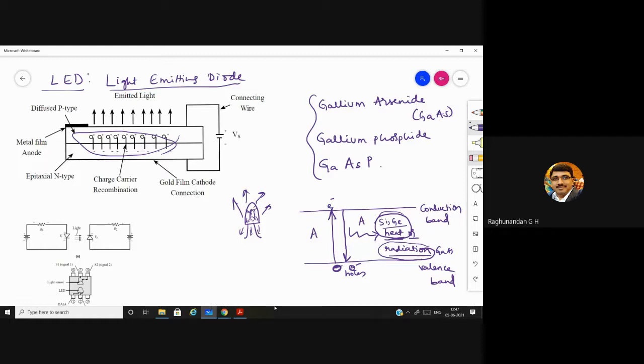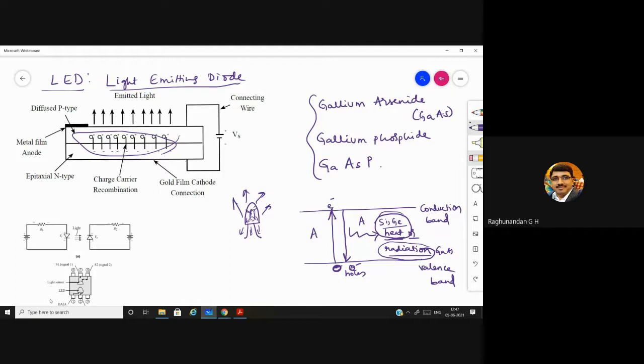So everywhere we are using these LEDs. So this is about the LED. We have given one more figure in the book, which is going to explain the same recombination process, so that you can look into it.